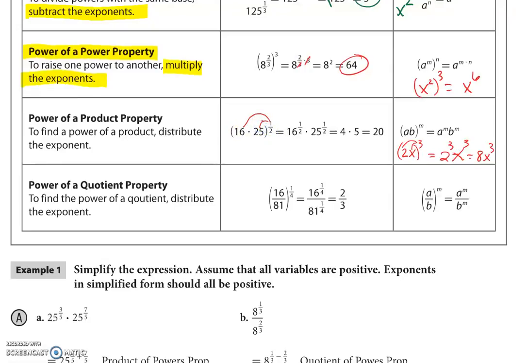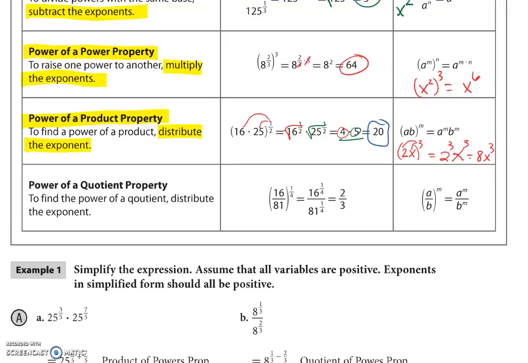Let's distribute that exponent to both of those. And 16 to the power of 1/2 is the square root of 16, which is 4. And the square root of 25 is 5. So when I multiply both of those, I get 20. And so for a power of a product property, we distribute the exponent.